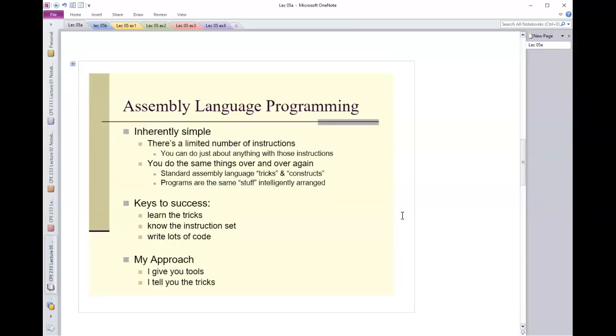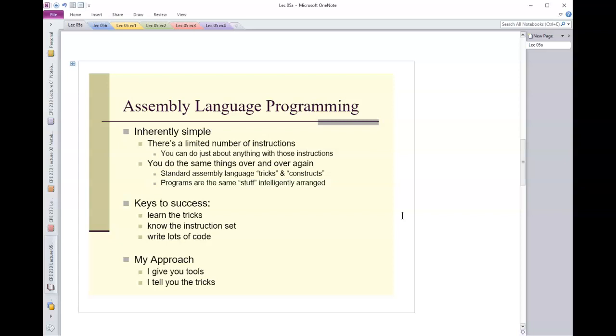So one of the reasons I like assembly languages is because they're inherently simple. There's just a very limited number of instructions, typically speaking. Even assembly languages that have a lot of instructions, you can group them together. They still really don't do that much.